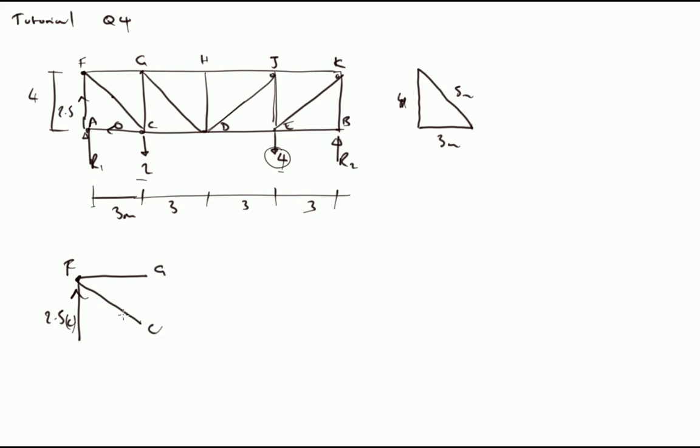So we've got some vertical component in Fc. If we draw this triangle here, we have bays are 3 meters across, so 3 meters across by 4 meters deep, and that means that this diagonal is 5 meters from a 3, 4, 5 triangle.